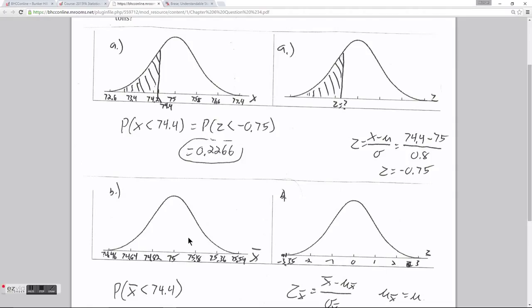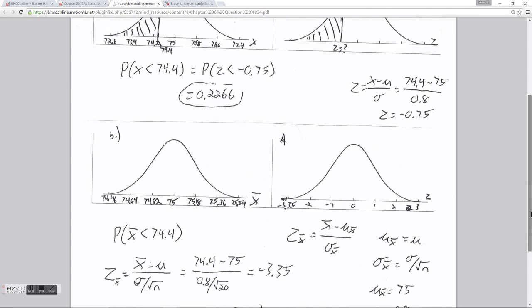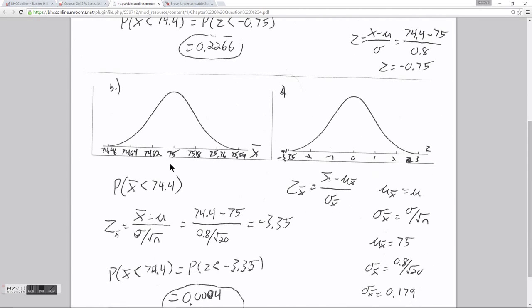In part B, in my sampling distribution, each grain of sand represents one set of 20 cars being loaded. So the population in this case is theoretically every different combination of 20 cars that exists. Every single combination of 20 cars has a mean weight, and those weights are shown in this distribution right here.